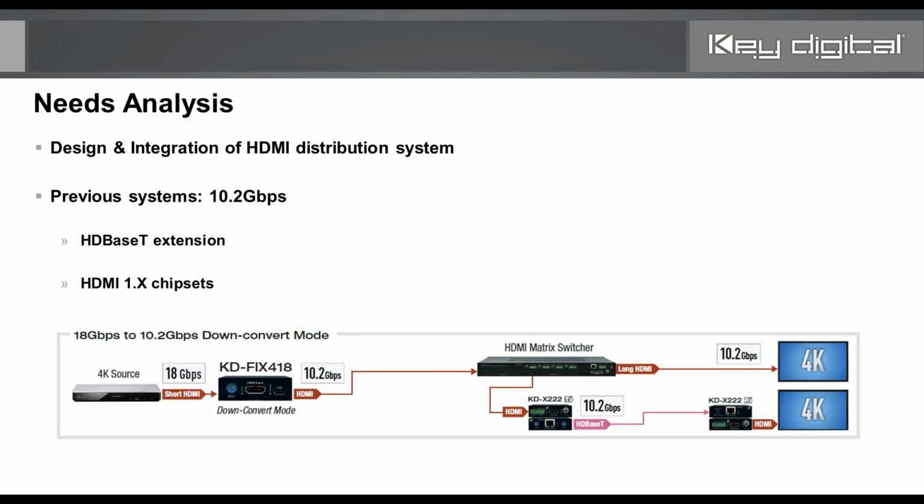I think that at this point in time, the 18 gigabits per second signal is more of a need on a residential installation, for the most part, by quantity or by percentage. However, based on commercial systems, we know that they will adapt to that 18 gigabits per second infrastructure. KeyDigital wants to be there for that.